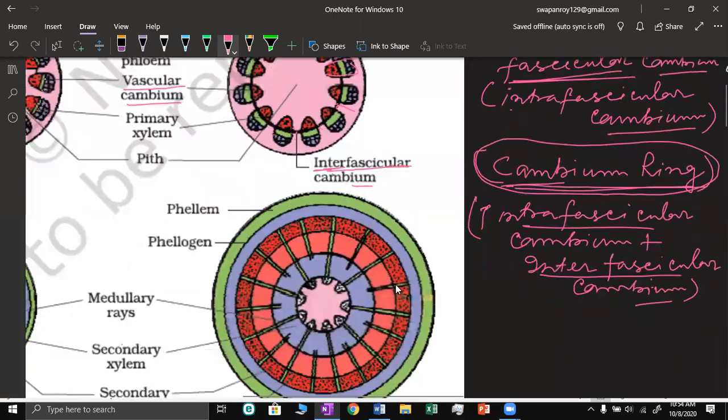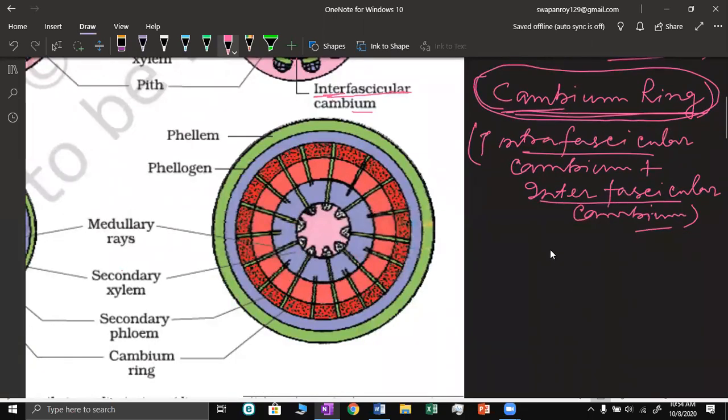Once this vascular cambial ring is formed, this cambium will produce secondary xylem on the inner side, and secondary phloem on the outer side.